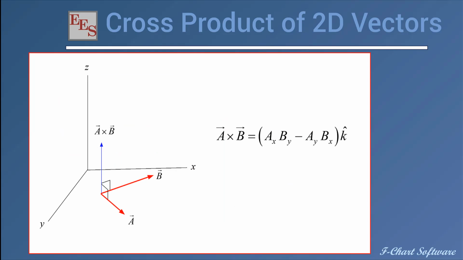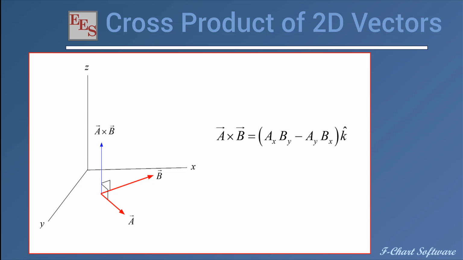Note that the cross product of two 2D vectors will always be a vector in the z direction. If your 2D vectors lie in the xy plane, which is how 2D vectors are defined in EASE, then the cross product will be a vector that is in the z direction.